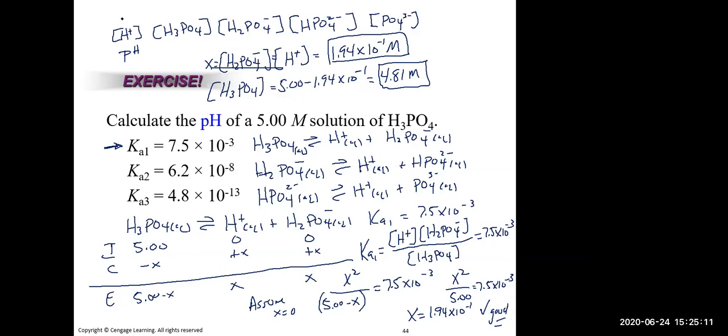We have the H plus concentration at equilibrium, the phosphoric acid concentration at equilibrium, and the H2PO4 minus at equilibrium. Any questions on that so far? All right, so we still need to find a few more answers, so we're going to continue on.